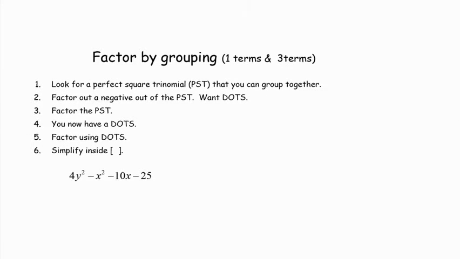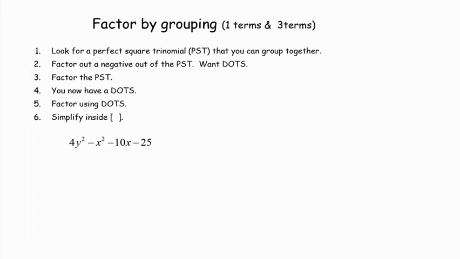Sometimes our perfect square trinomial is going to come at the end, which is the case on our first example here. Here is my perfect square trinomial. But I need to have a square minus a perfect square trinomial.